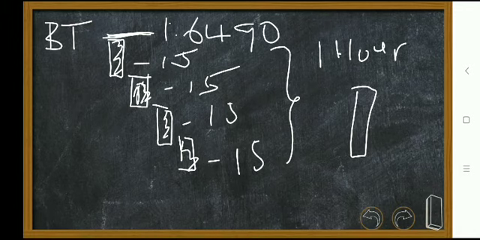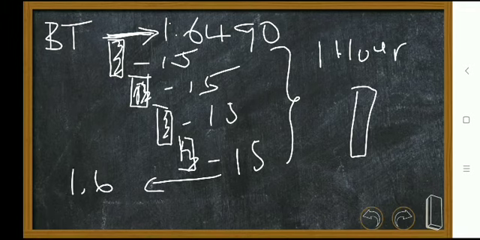Let's say we had this initial price of 1.6490. Then we had the final price. Remember, it's not final as in final. Let's say for your analysis, at the current moment, you found that the final price for the current analysis was 1.6410.